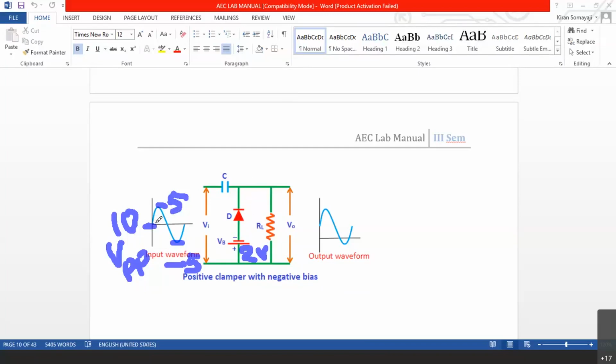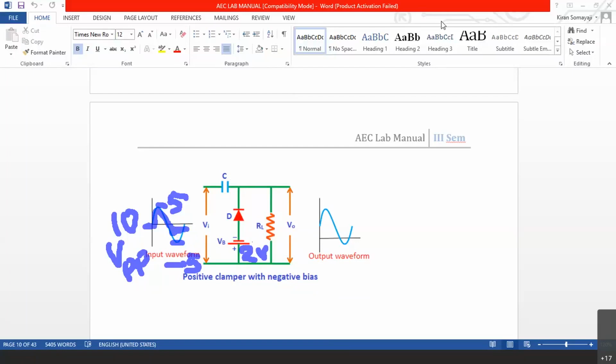So in the positive cycle, the diode will remain reverse biased. And in the negative cycle, until the voltage of the signal reaches -2, the diode will remain off. So the diode will conduct in the negative cycle only when the negative cycle's voltage goes beyond -2.